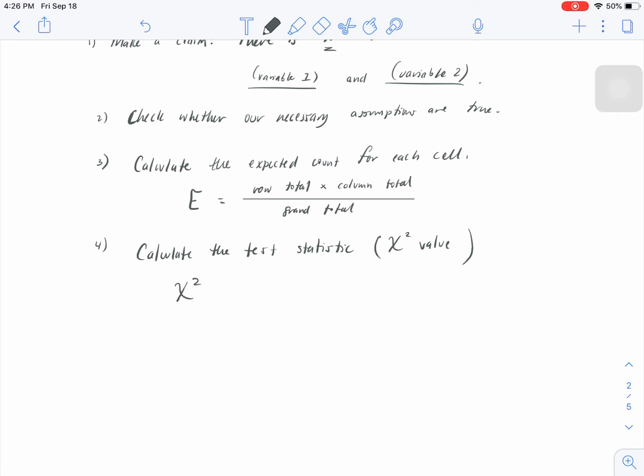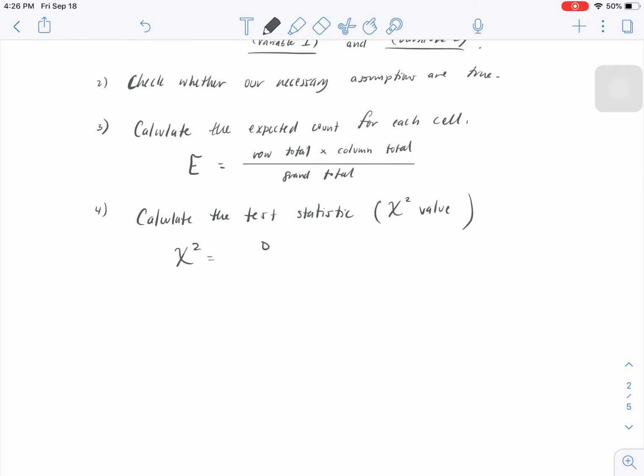And our formula for calculating the chi-squared value is, for each cell, you take the observed count, I'll write an O, subtract the expected count, square it, and divide by the expected count. Do that for each cell, and add up each of those values.